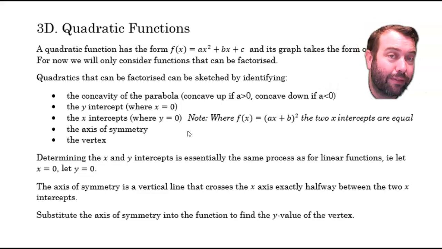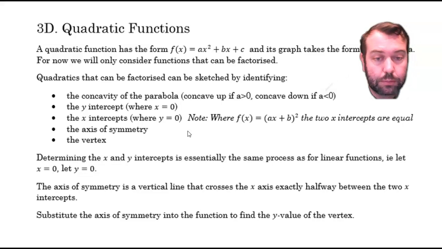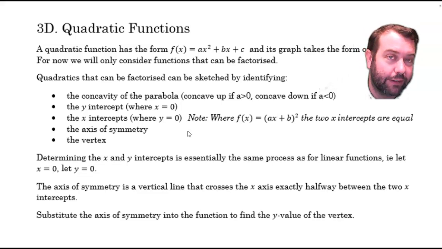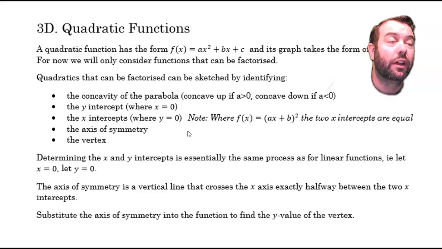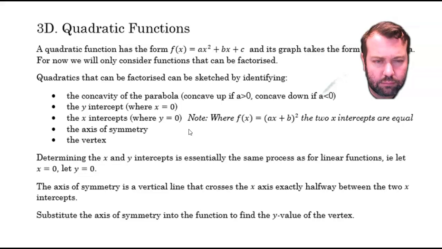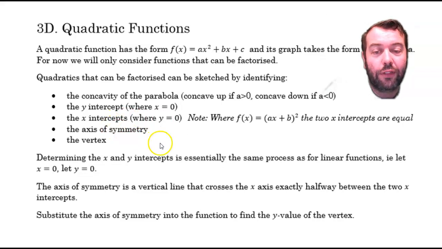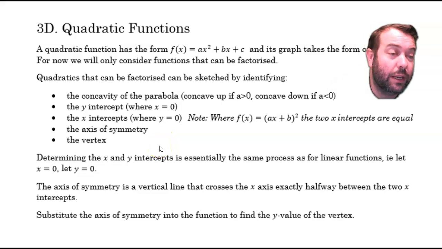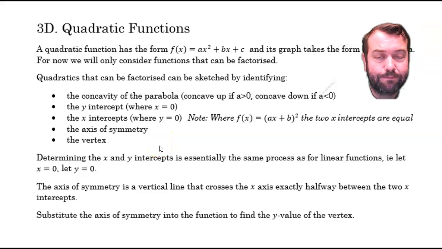Not all parabolas cut the x-axis, but we're going to look at examples right now where they do, and in fact where they have rational zeros. So we find the x-intercepts, sometimes a little tricky, probably the trickiest part of the operation.